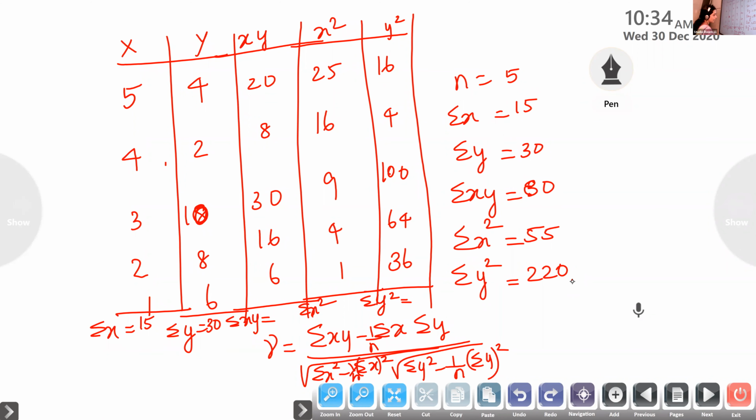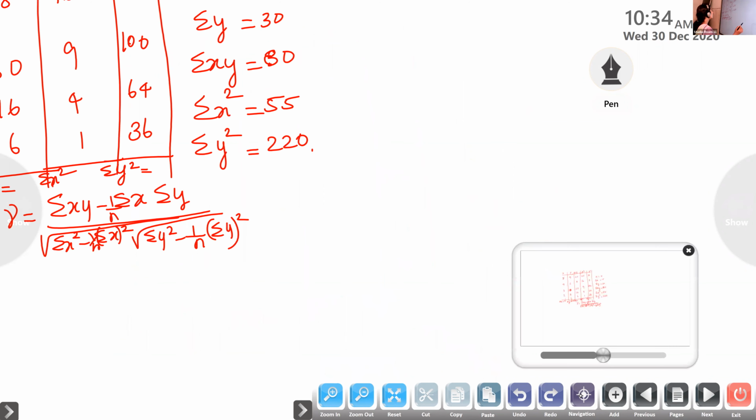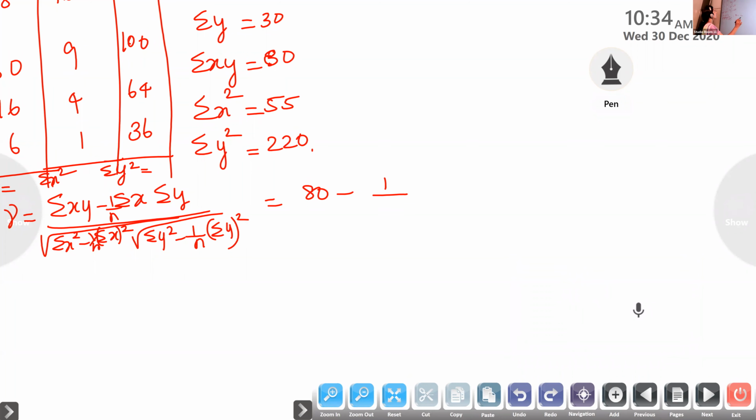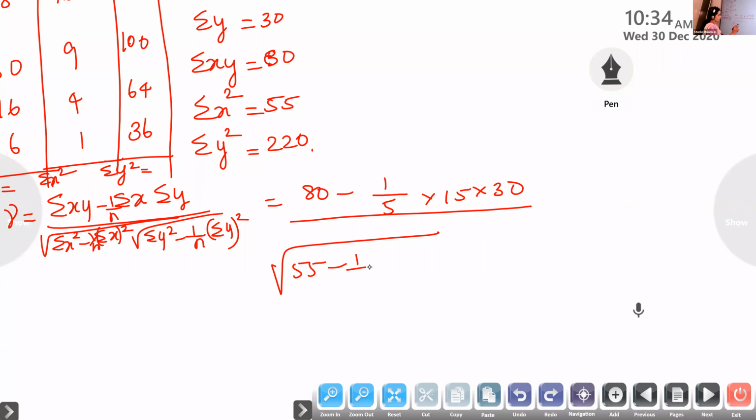When you apply the values, what do you get? Sigma xy is 80 minus 1 by 5 into 15 into 30 by root of sigma x square 55 minus 1 by 5 into 15 square into root of 220 minus 1 by 5 into 30 square.